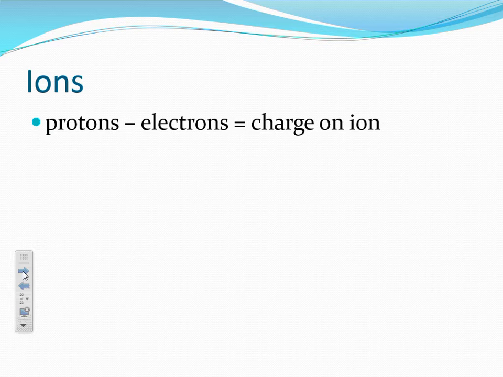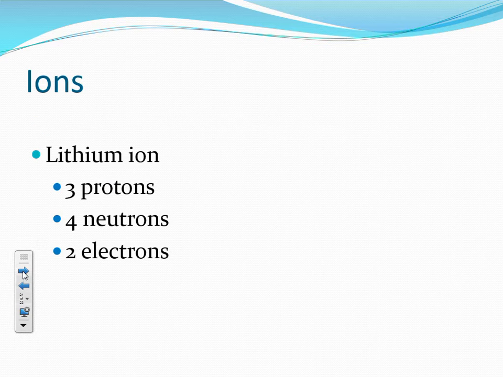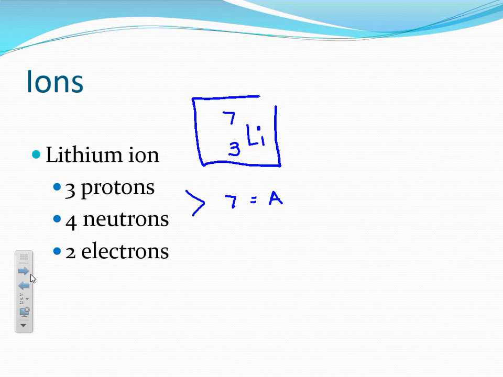When you have an ion, protons minus electrons give you the charge on the ion. So let's look at the lithium ion. It has 3 protons, 4 neutrons, 2 electrons. So its nuclear symbol would be 3 for 3 protons. The mass number is 7, so that's your A for mass number, and there's your nuclear symbol. If I asked for hyphen notation, you could write Li-7. You could also write lithium-7.